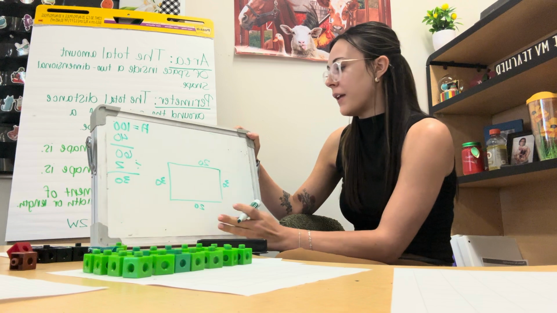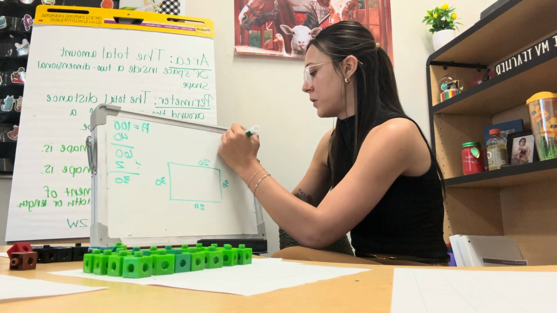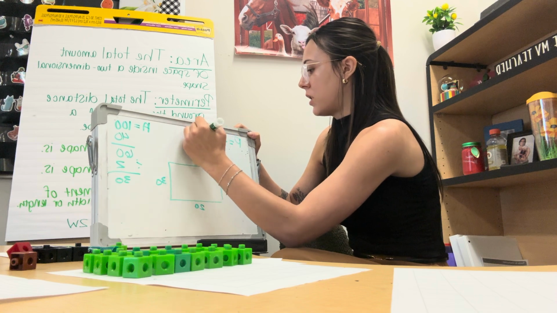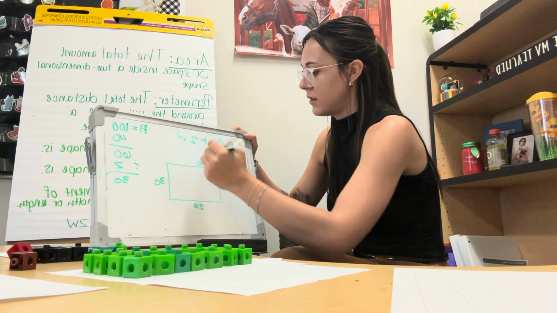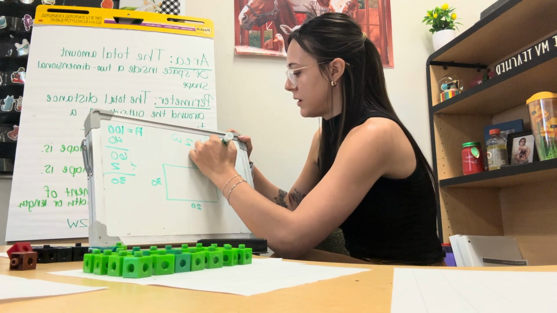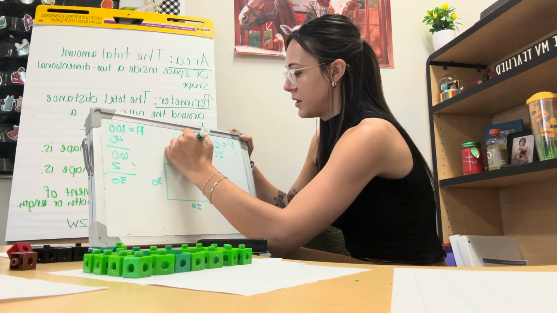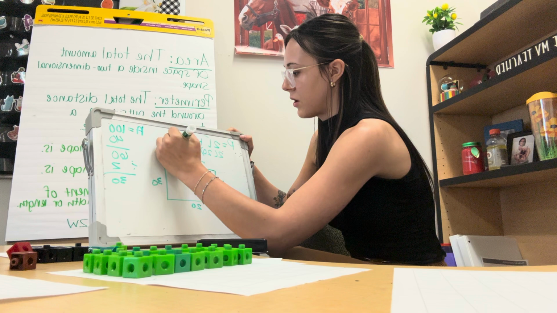So let's go ahead and plug this into our formula. P equals 2 times length plus 2 times the width. So 2 times the length, which is 20, plus 2 times 30.